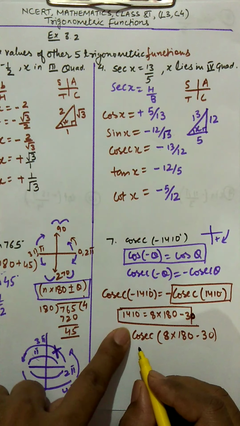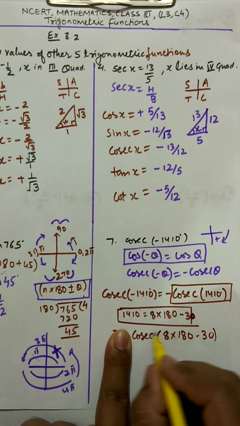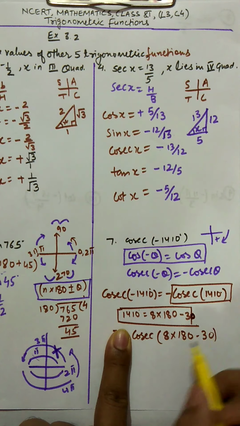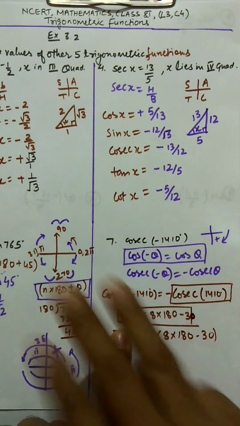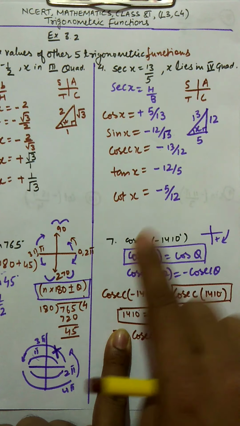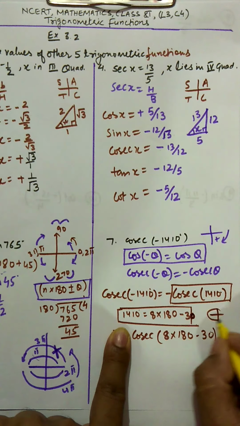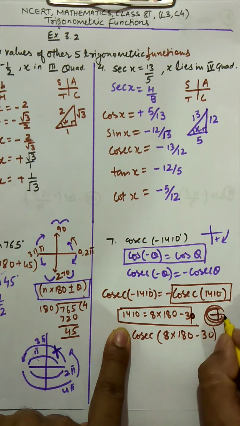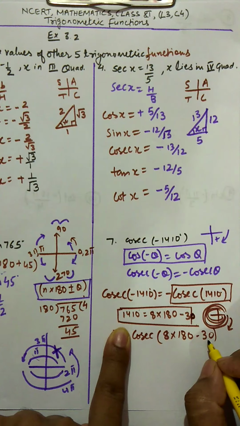So let this sign keep going on, and now you have to decide in which quadrant it is falling. So first you are making 4 rounds, complete 4 rounds, and then you are subtracting something. Your first round, then second round, then third round, then fourth round, and after that you are subtracting some angle. So it means you are now reaching the fourth quadrant.